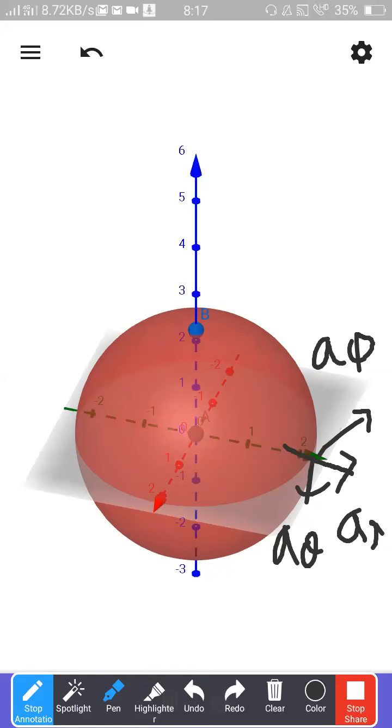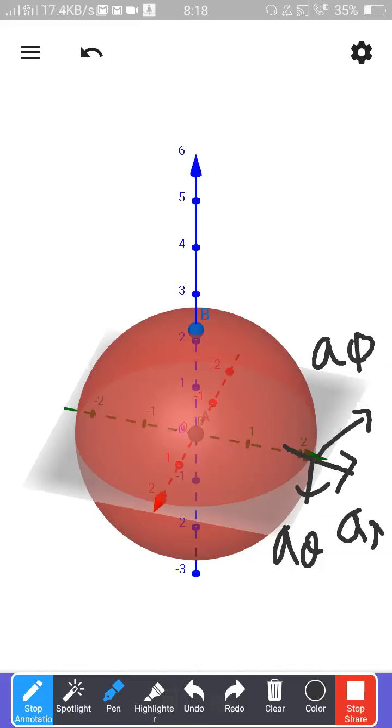Is it satisfying or not, sir? I think it is satisfying only. It is satisfying your right hand rule.